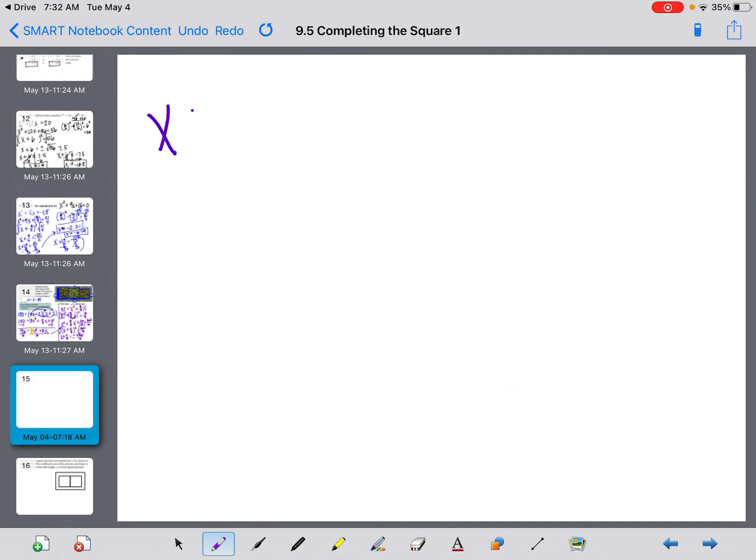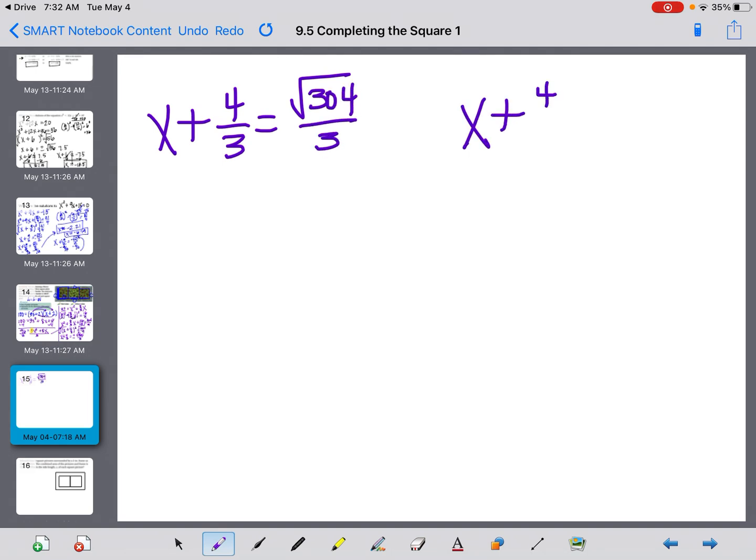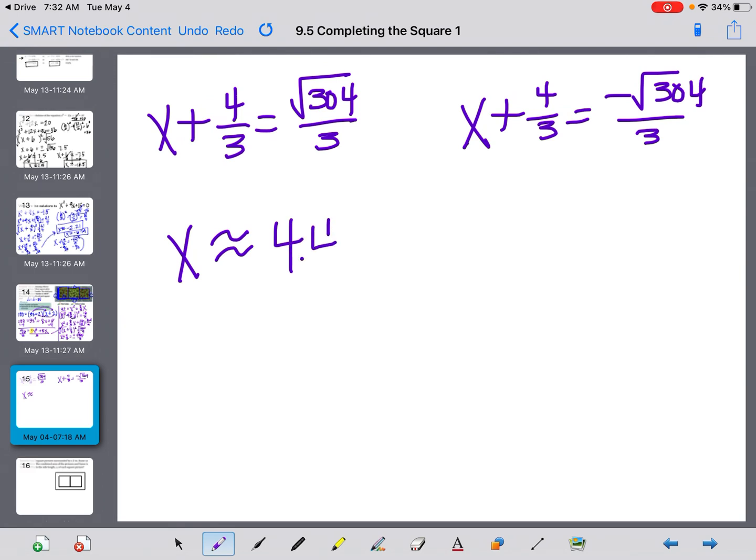So I have x plus 4/3 is equal to the positive square root of 304 over 3, and x plus 4/3 is equal to the negative square root of 304 over 3. Okay, when you use your calculator and actually estimate these, you find out that x is approximately 4.48, or x is approximately negative 7.14.